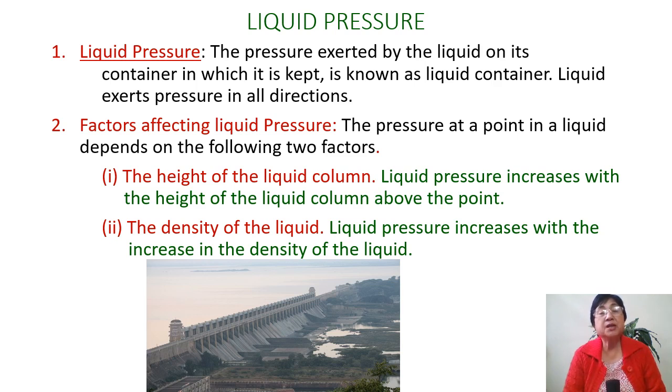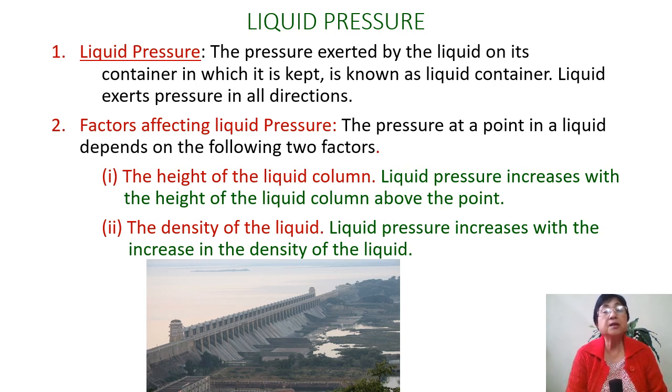That pressure exerted by the liquid on the container in which it is kept is known as liquid pressure. Unlike solids, liquid exerts pressure in all directions. Solids usually exert pressure only at the bottom, but liquids exert pressure in all directions.